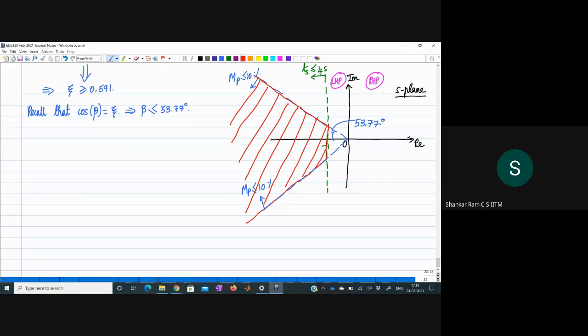Okay, so you can see that it's in the form of an open trapezoid, right? So that is going to be the region which will satisfy both settling time less than or equal to 4 seconds and peak overshoot less than or equal to 10%. Okay, I hope this is clear, right? So any questions on this?